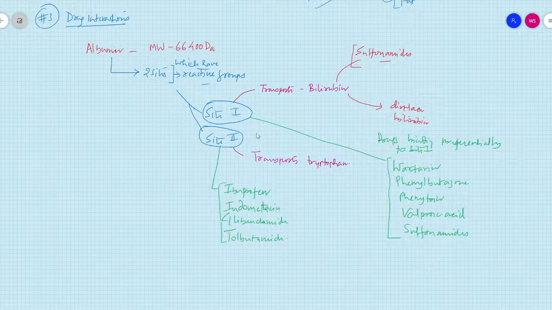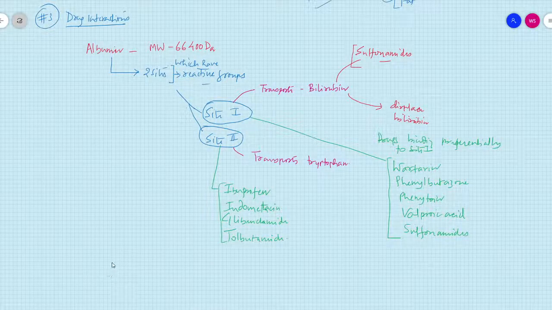So if there are differences in affinity between two drugs, and we give two drugs simultaneously, what can happen? There can be a displacement drug interaction.